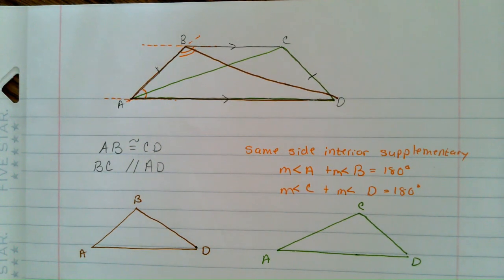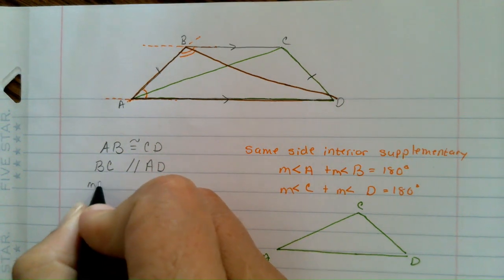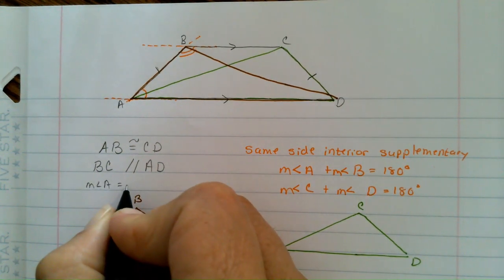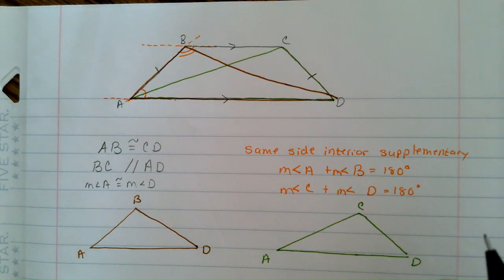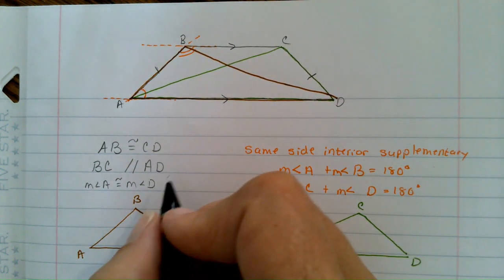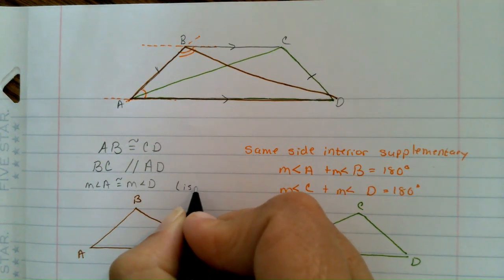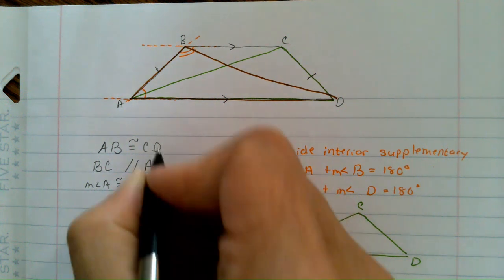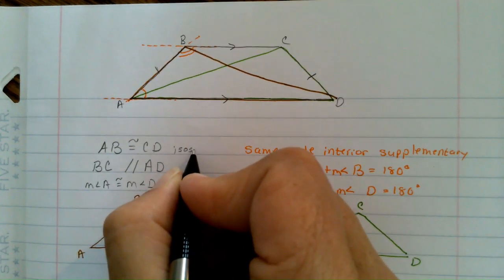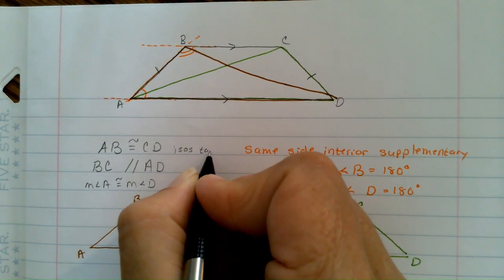Now, because of isosceles, we also know that the measure of angle A is congruent to the measure of angle D. And we know that because isosceles. And I reminded us this.